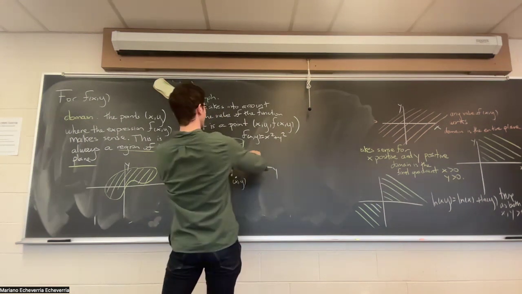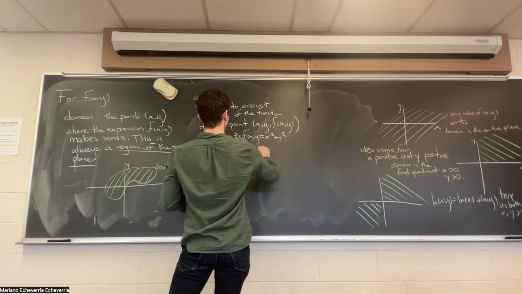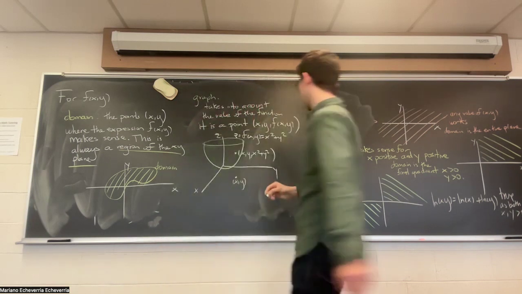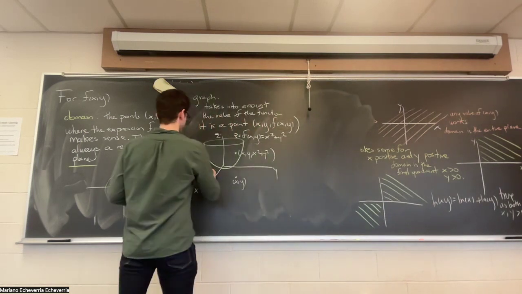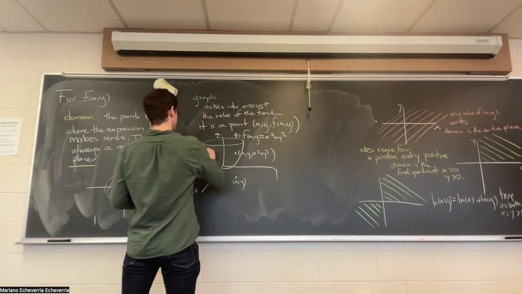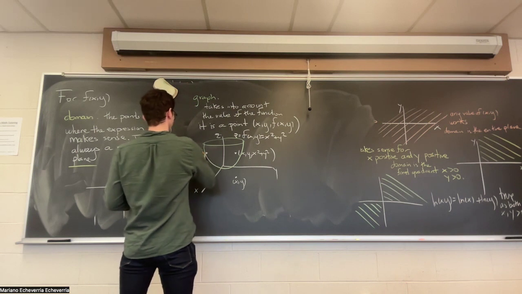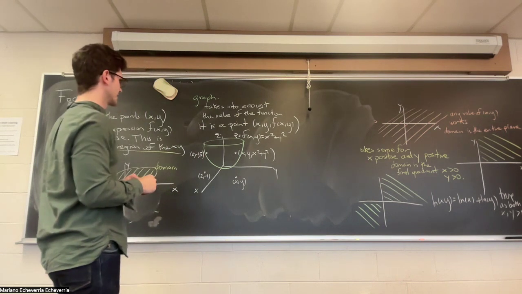Then the third entry would be the value of the function, so it would be X squared plus Y squared. Say this is 2, -1. This would correspond to the point 2, -1, 5, which is the one I was discussing earlier.